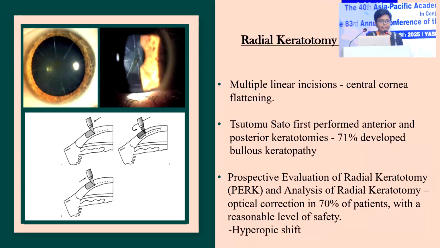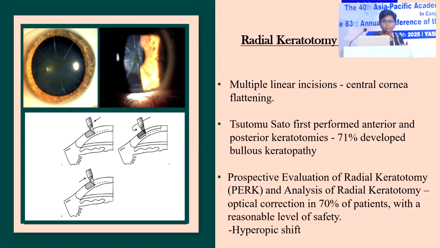So it all started in 1939 by a Japanese scientist, Sato, who started radial keratotomy. The idea was very simple: to put multiple linear incisions in the paracentral or the peripheral area, so that the central area gets flattened. But what Sato was doing, he was putting the incisions on both the anterior as well as the posterior aspect of the cornea, that is both anterior and posterior keratotomy.